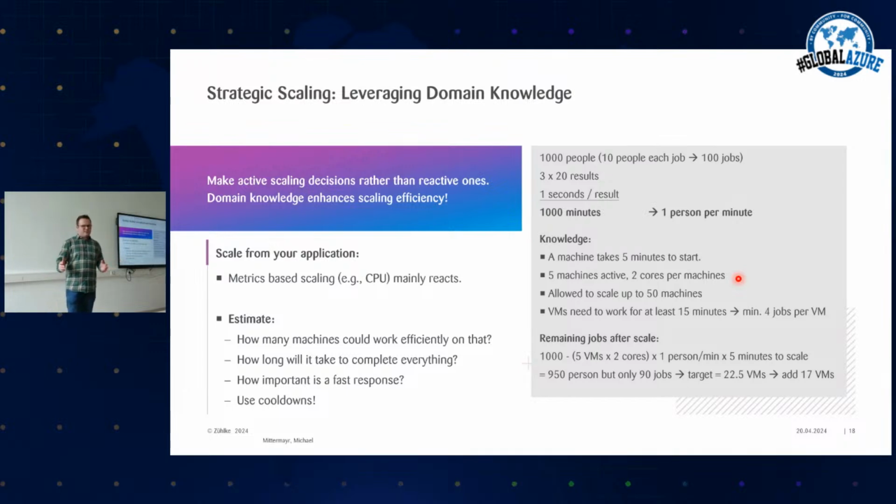So, for instance, in my very trivial example, we would like to use our machines for at least 15 minutes after scaling. And we also know about our machines that they have 2 cores each, so they can take 2 computations in parallel. And they take approximately 5 minutes to start.